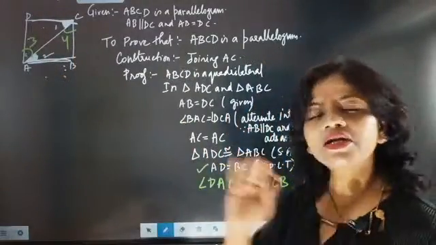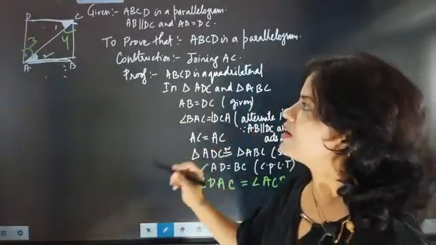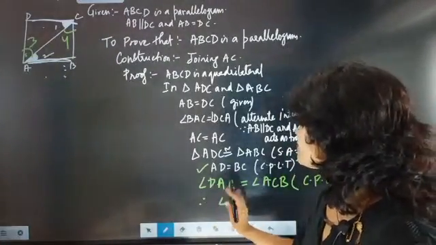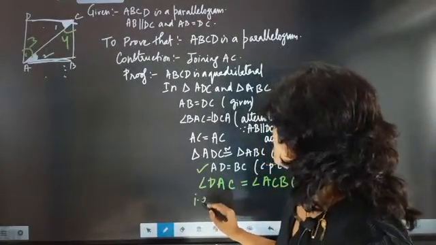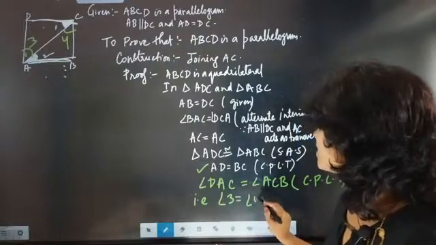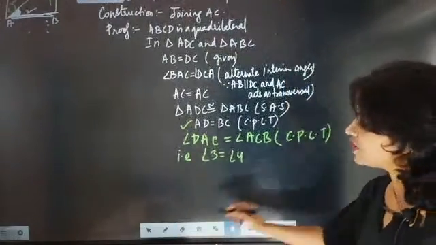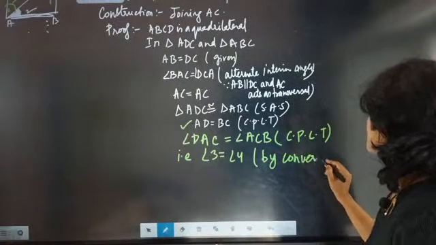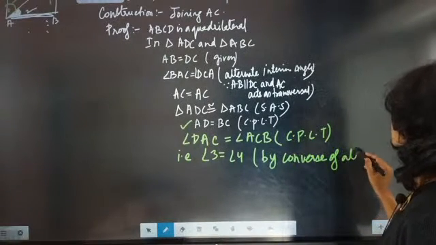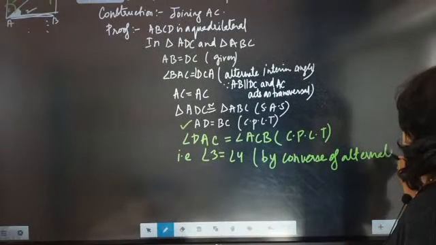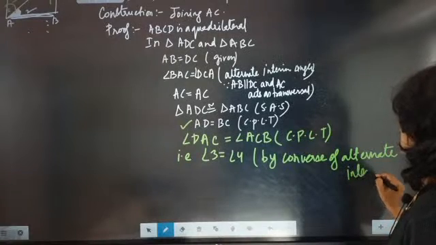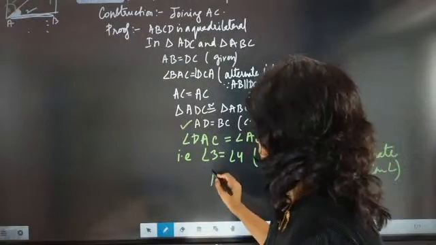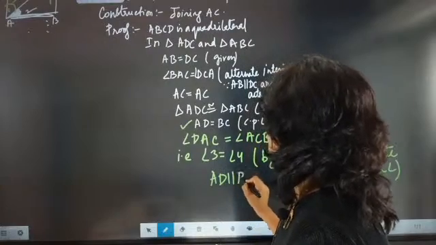So now angle 3 equal to angle 4. By converse of alternate interior angle, AD will become parallel to BC.